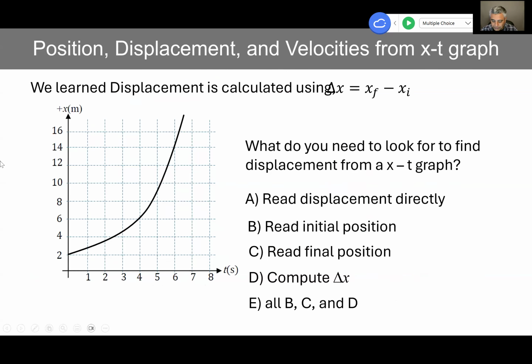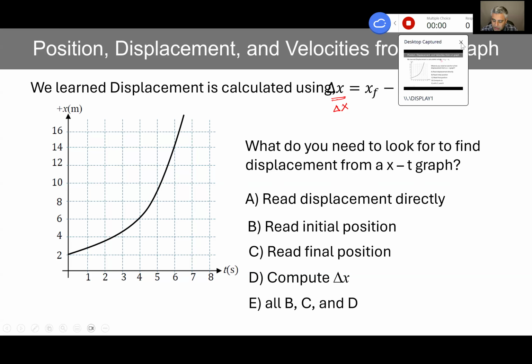So now, here is another question for you. Oh, it's overlapping here. This is displacement. So you have a minute to respond to this question.